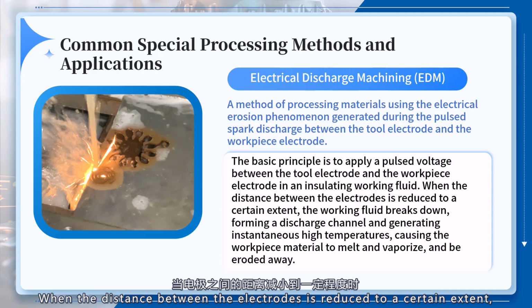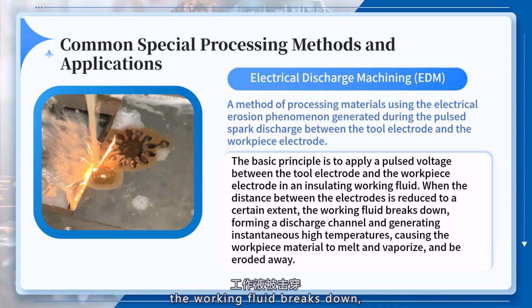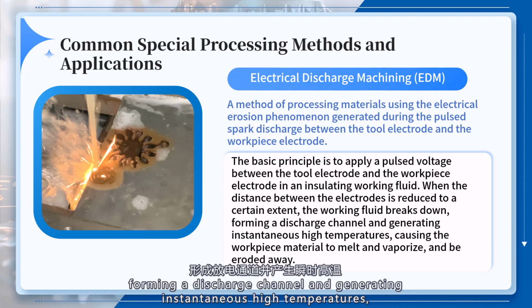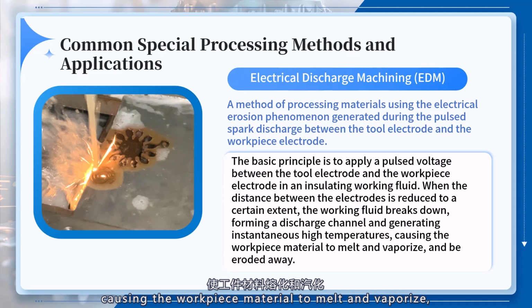When the distance between the electrodes is reduced to a certain extent, the working fluid breaks down, forming a discharge channel and generating instantaneous high temperatures, causing the workpiece material to melt and vaporize and subsequently be eroded away.